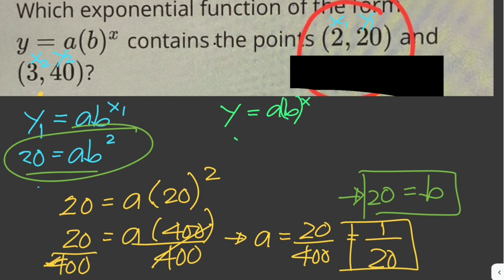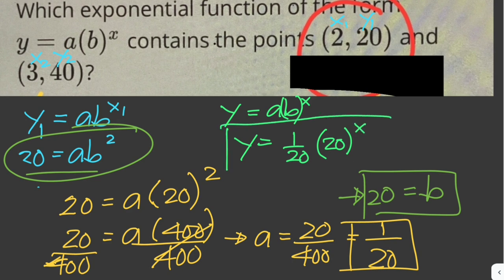So this is just y equals the value of a, which is 5, times the value of b, which is 2, to the power of x. So this is our equation in the form y equals a b to the x.